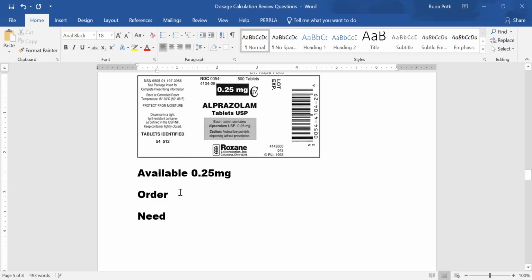That is what is available for me. And when I look at my order, I need to give 750 micrograms, right? So for every dose, I need to give 750 micrograms. So what is it that I need? The problem is asking me how many tablets do I administer, so what I need is tabs per dose.